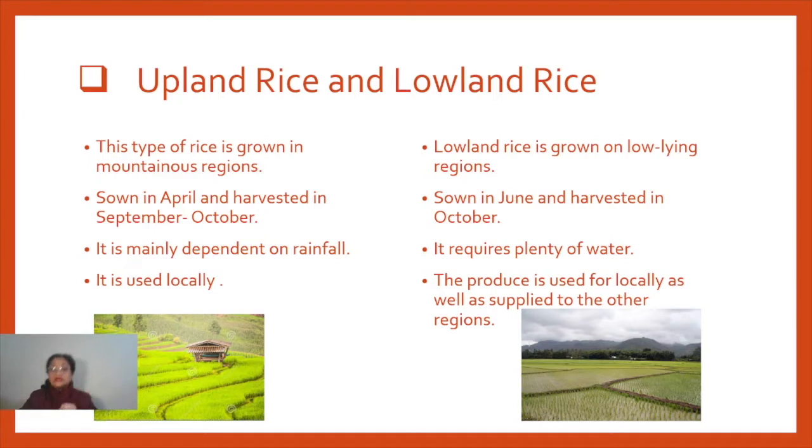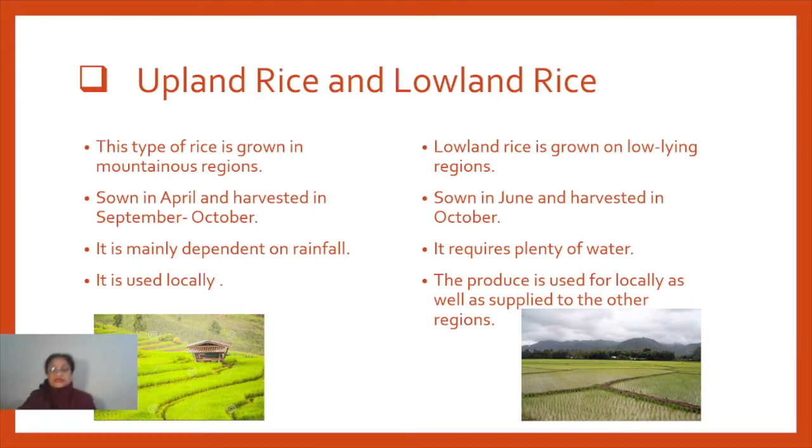Now come to the last point. In the case of mountainous regions, the upland rice, because the production is not much, it is used mostly by the local people. It is meant for local consumption. But as we come to the other side, lowland rice, because it is produced in the plain area, the production is comparatively more than upland rice.